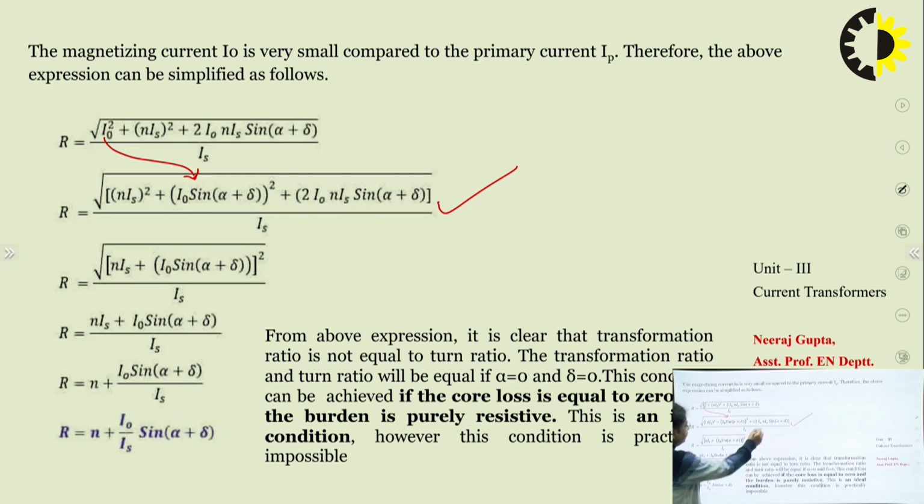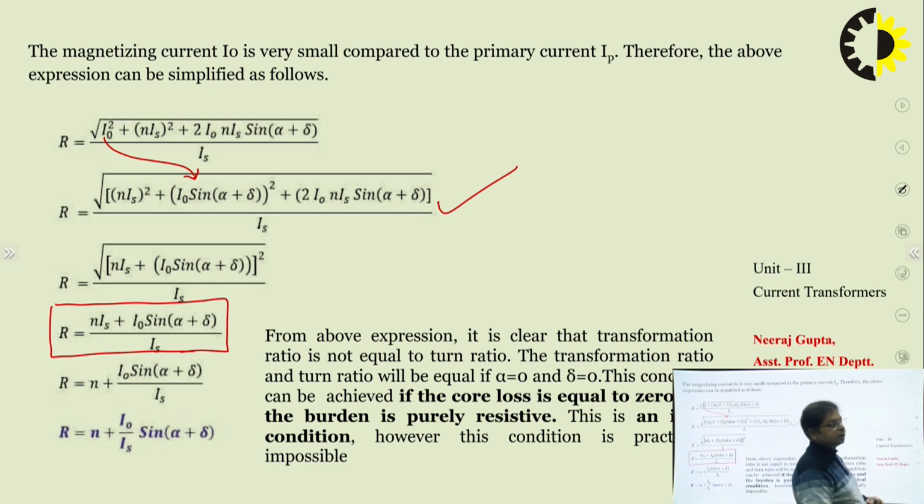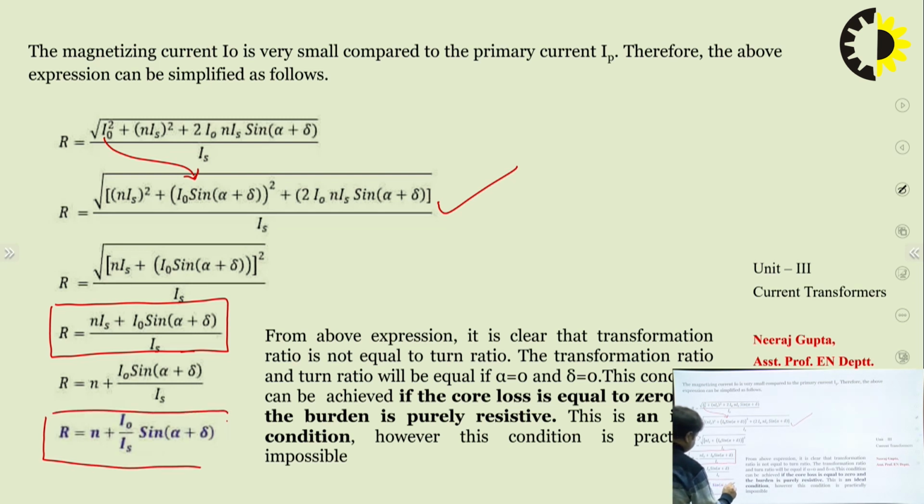So it becomes NIS plus I naught sine alpha plus delta, whole squared. As it becomes a whole square, the square root is gone, and it becomes NIS plus I naught sine alpha plus delta, upon IS. On further simplification, the expression comes to be R equals N plus I naught by IS sine alpha plus delta.